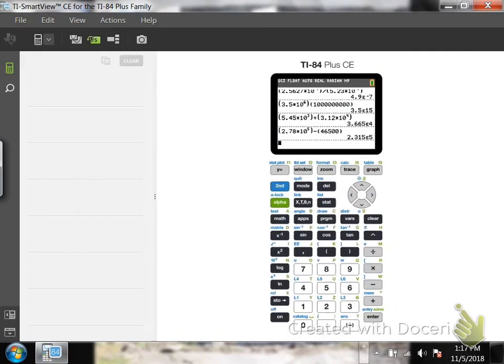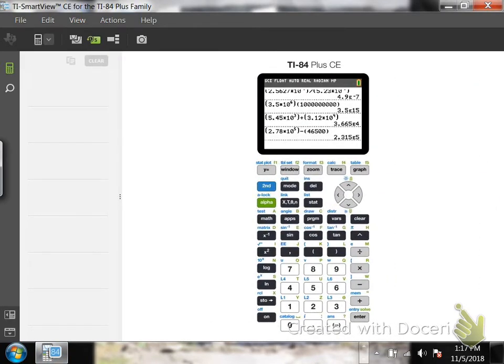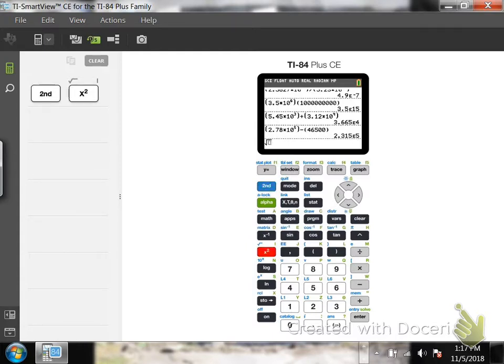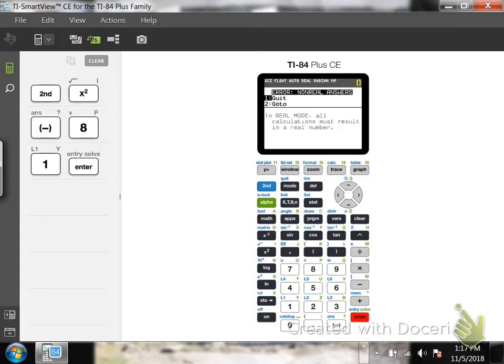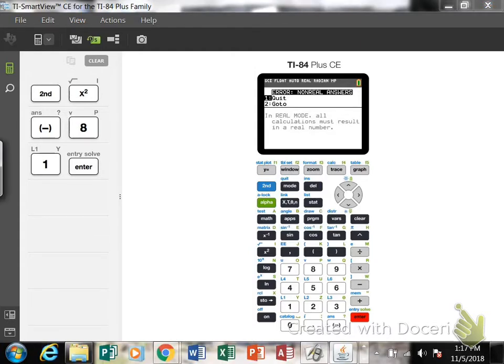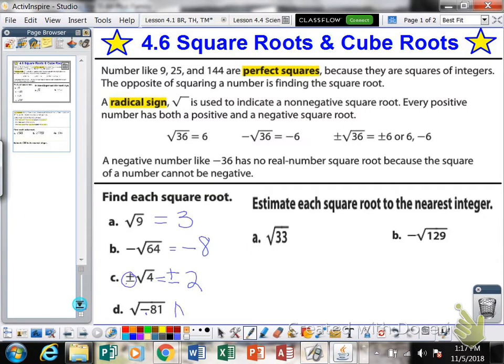Here's your square root symbol in blue right above the x squared button. So second, x squared, and then type in negative 81. You get no real answer. So when the negative's on the inside, we don't get an answer for that. So we would just say no real answer.